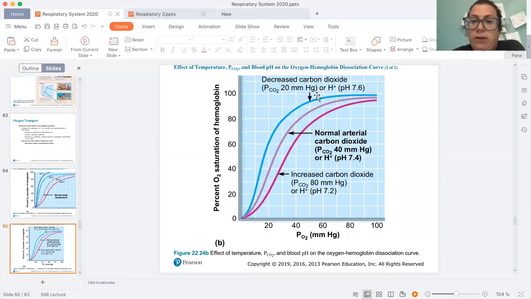When we have a decrease in carbon dioxide, the pressure decreases, or we have a rise in pH, we get a shift to the left. So the oxygen dissociation curve allows more holding on to oxygen, but the opposite occurs when we increase carbon dioxide or decrease the pH.